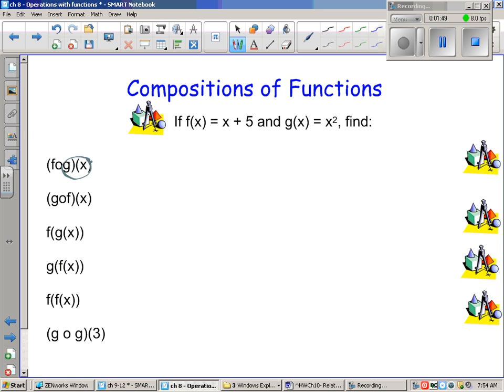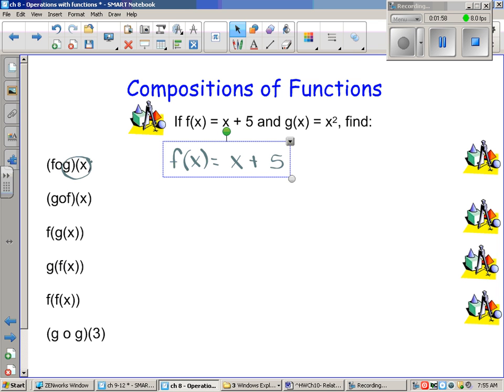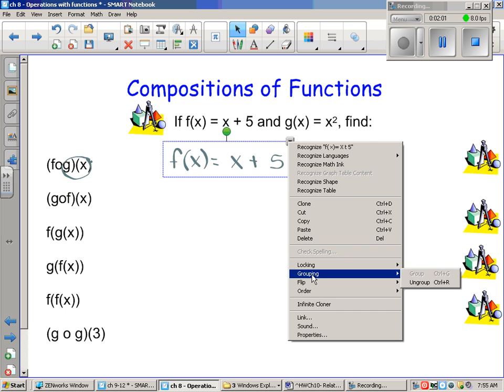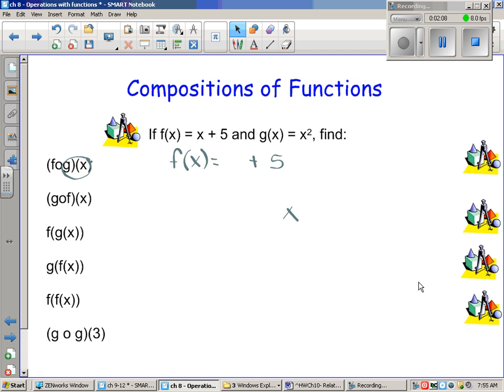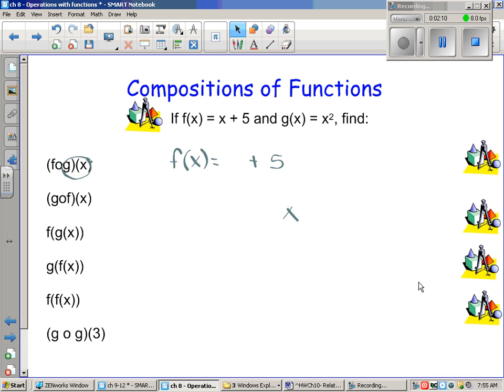That means we're going to look at the f of x function, but in place of that x, you're going to take out this x, and you're going to put in place that x squared. And so the answer to f of g of x is x squared plus 5.